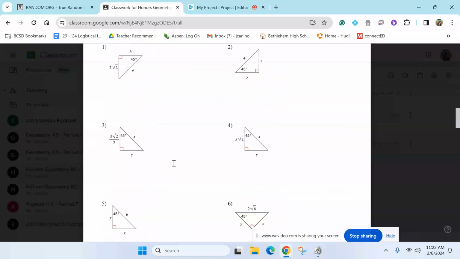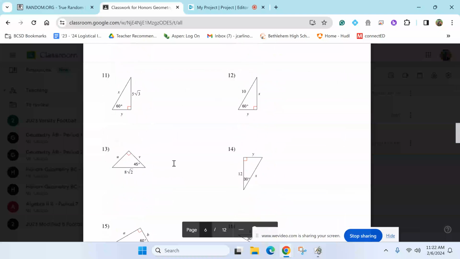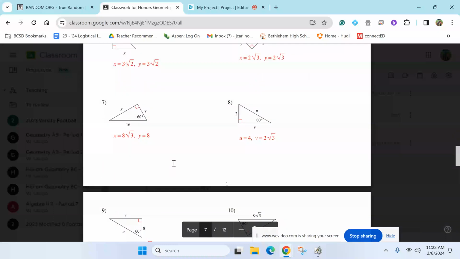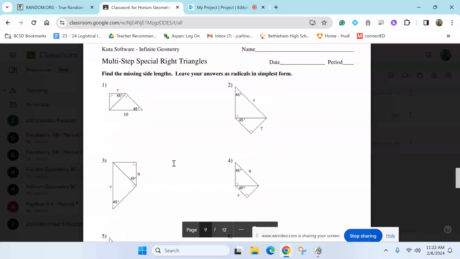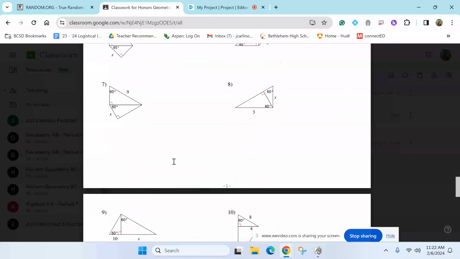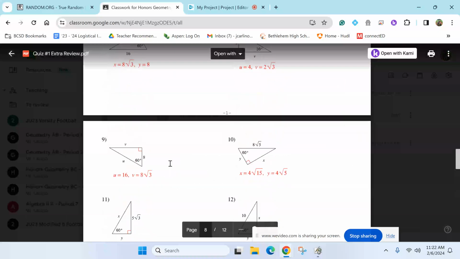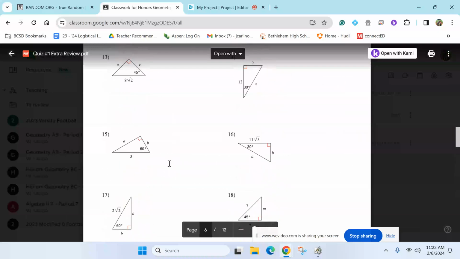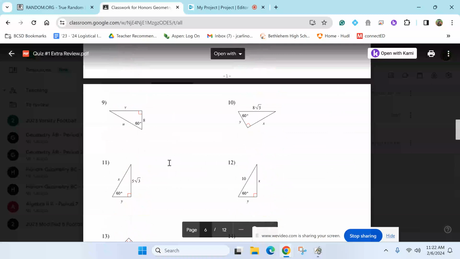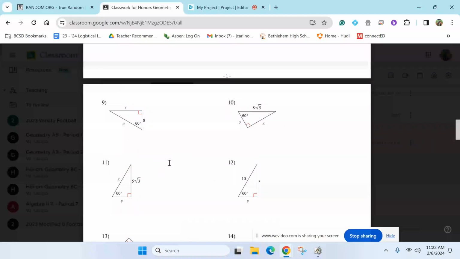You want to get some practice there? Ooh, the double triangle ones right on top of each other. I don't know how smooth we are with those. It's got all those practice problems right up on Classroom if you need somewhere extra to review. I am not going to go over any of those problems with you. You can work on it with anybody you'd like, but please check your answers in the back.